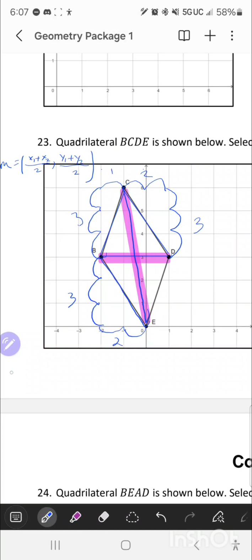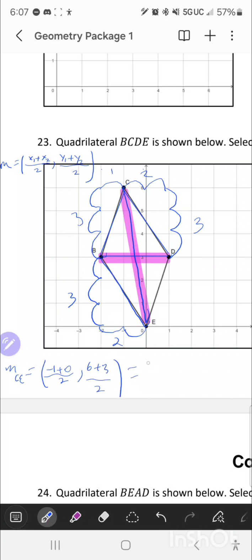So we substitute for m of CE. It is going to be equal: x1 is negative 1, so negative 1 plus 0 over 2, comma, 6 plus 0 over 2.